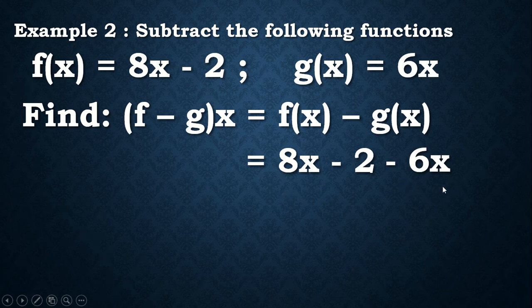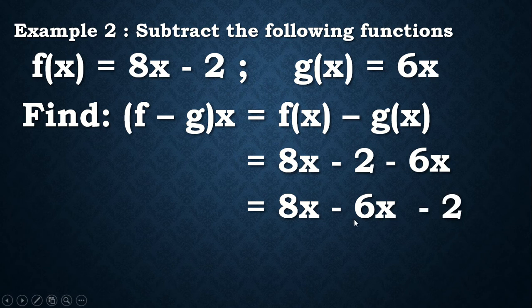After this, we have to combine like terms. We have 8x minus 6x and negative 2. We have to add this part. They are like terms because they both have the exponent of 1. 8x minus 6x is 2x, minus 2. And our answer is 2x minus 2.